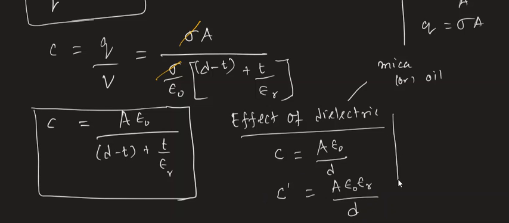Now we can attain the ratio, that is C dash by C is equal to, so A can be cancelled, D cancelled. So you have epsilon r. So from this it's clear that epsilon r, the relative permittivity, is the ratio between the capacitance with the oil and the capacitance without oil, that is only air column. Therefore C dash is equal to epsilon r into C. So this is a very important equation.